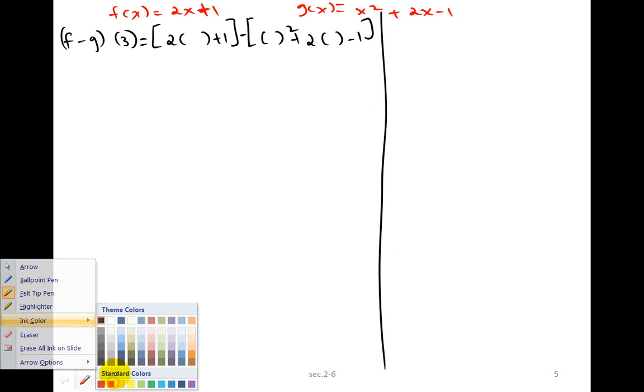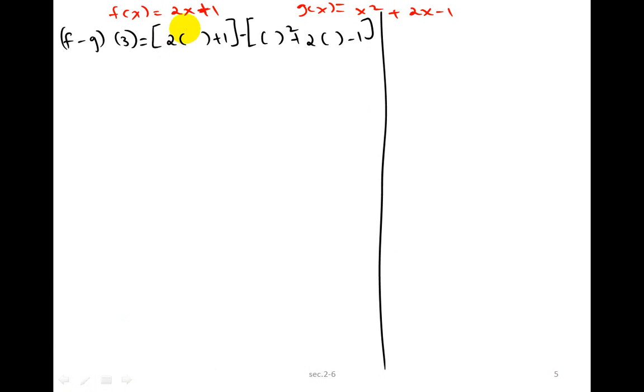So again I'm putting brackets here, 2 times x, which is 3, plus 1, and for g of x, x squared, which is 3 squared, and 2x, which is 2 times 3 minus 1.